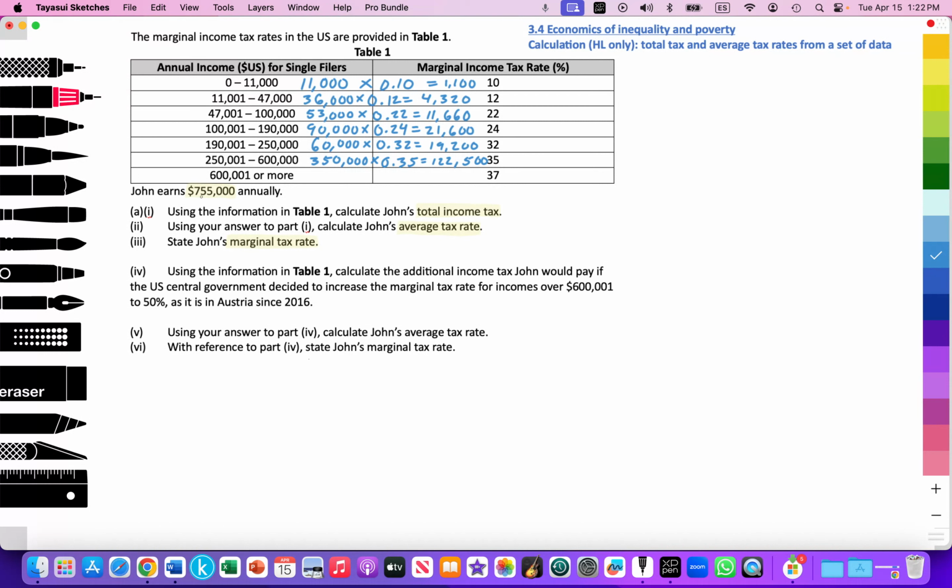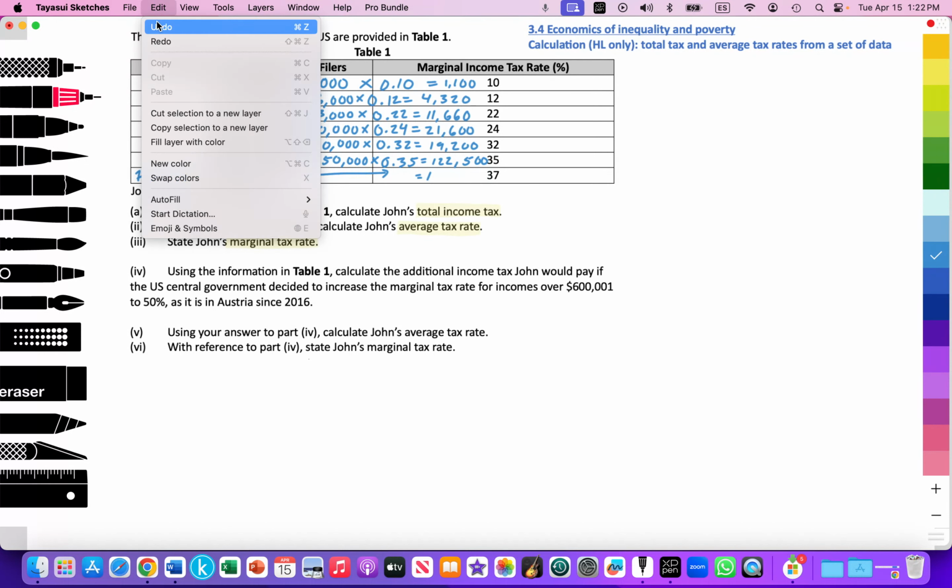And then we're going to take 755,000 minus 600,000. So he has a remaining amount, 755,000 minus 600,000. I know there's a faster way to do that, just bear with me.